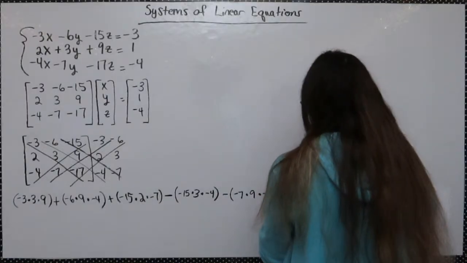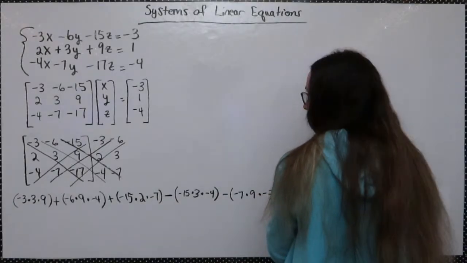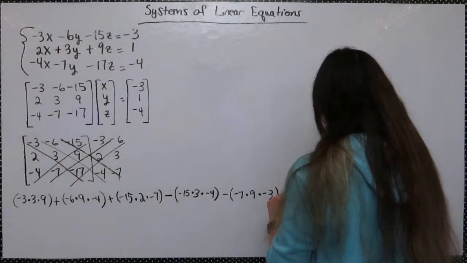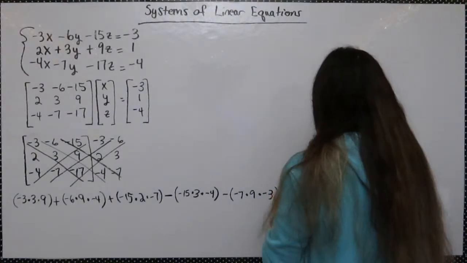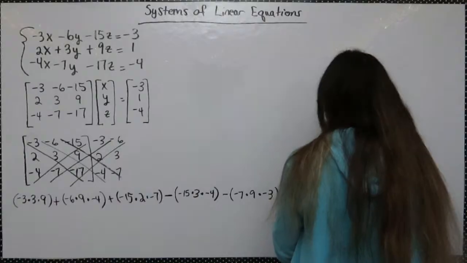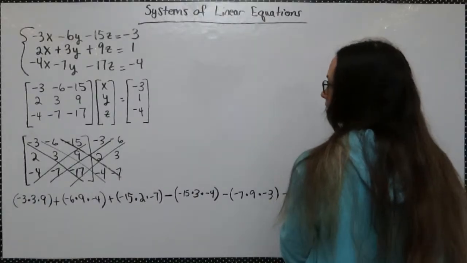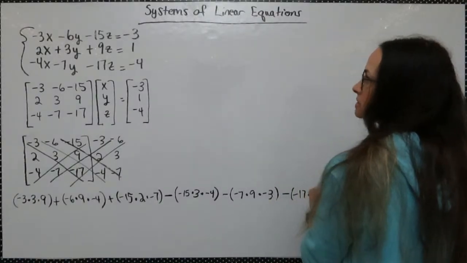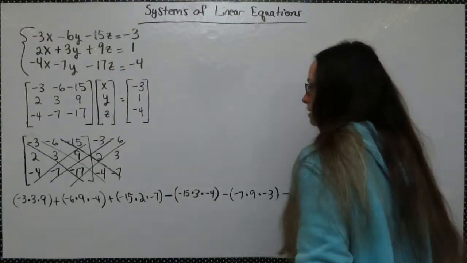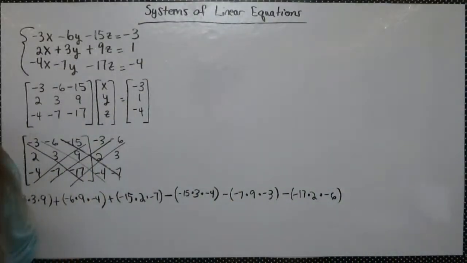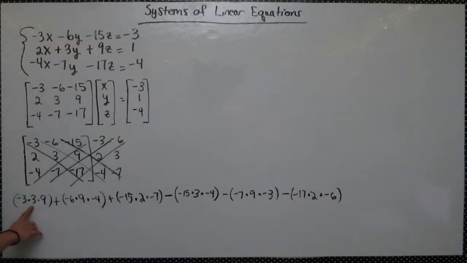So that is a -17 times 2 times, and I believe that is a -6. Yeah. Okay. All right, so let's simplify this. So this is 3 times 3 is 9. So this is 9 times 9, and it's a negative. So that is going to be -81.